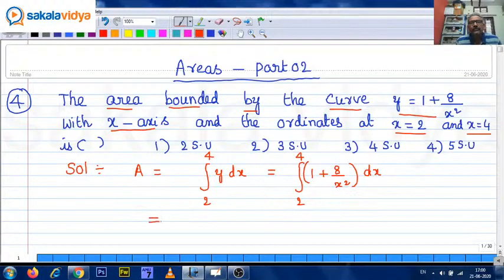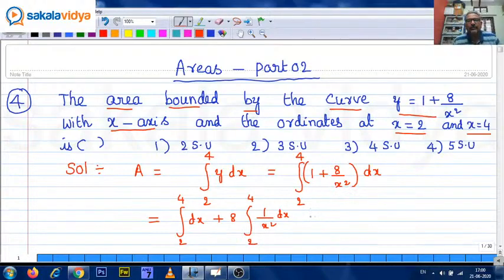This equals integral 2 to 4 of 1 into dx plus 8 times integral of 1 by x square dx from 2 to 4.